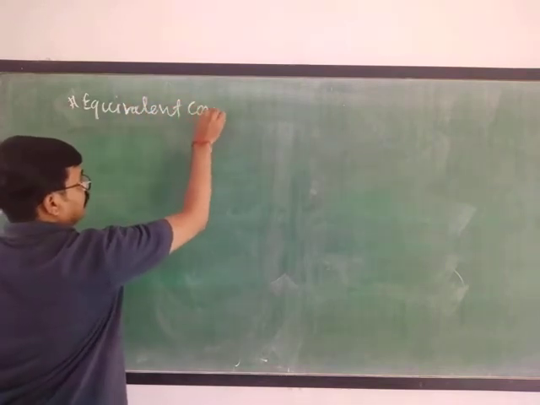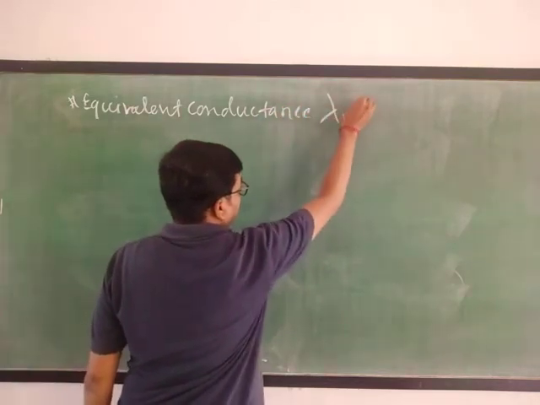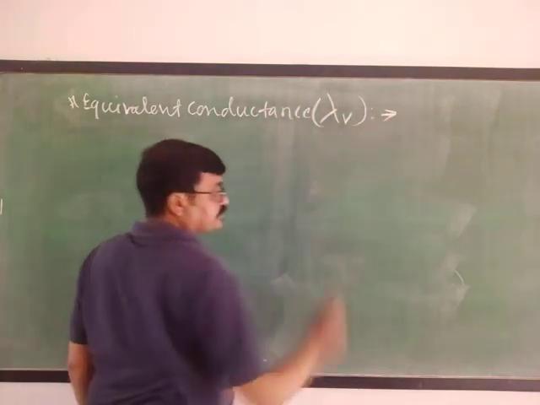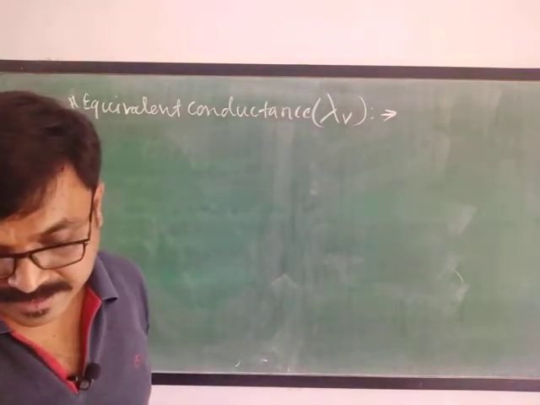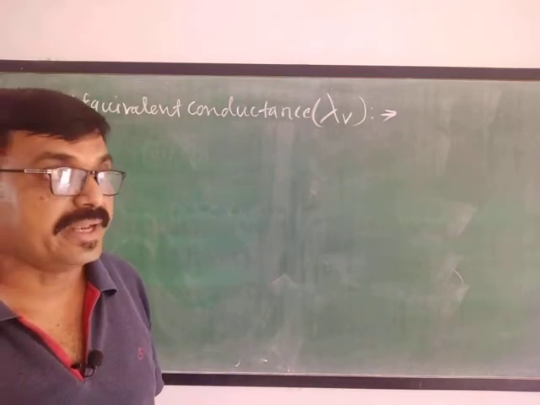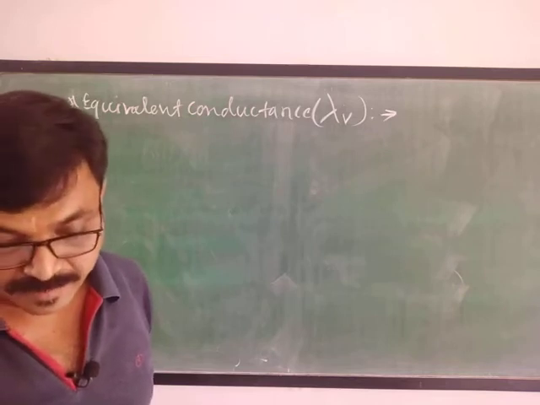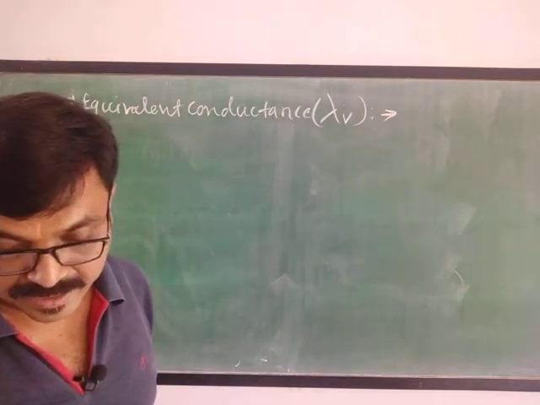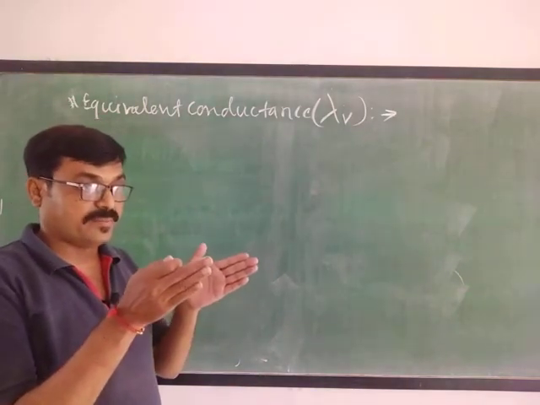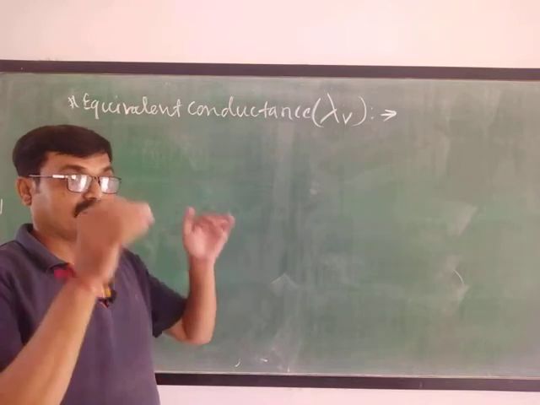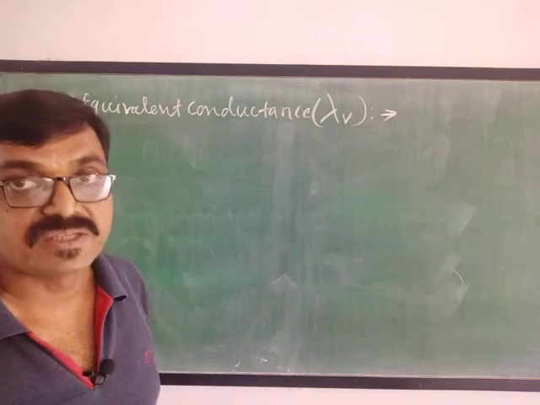Here suffix V is used. Now this equivalent conductance can be defined as the conductance of a solution containing 1 kg equivalent of electrolyte placed between two parallel electrodes 1 meter apart. Means two parallel electrodes 1 meter apart, and the solution filled is 1 kg equivalent of an electrolyte.